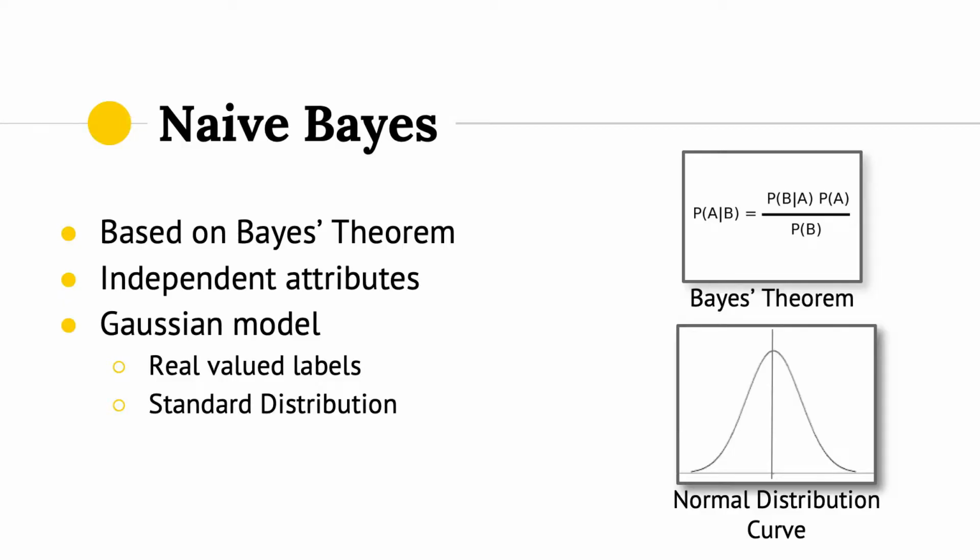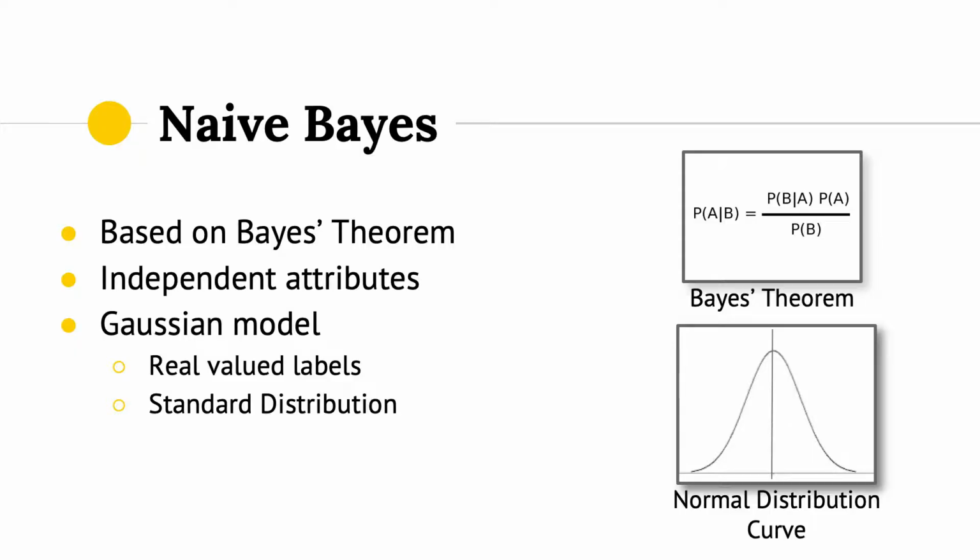So the first model that we used is known as naive Bayes. This is a purely mathematical approach to machine learning. At the core of naive Bayes is Bayes' theorem, which relates the probability of an event occurring to evidence. And this is the mathematical representation of that.